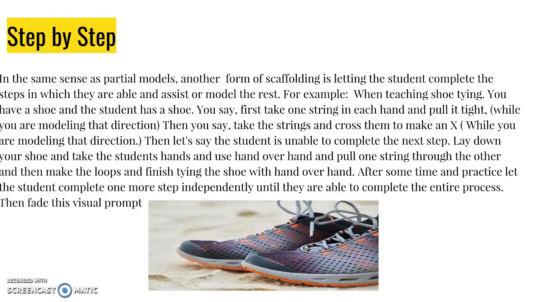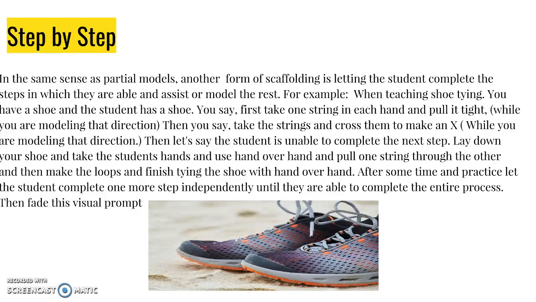Let's say the student is unable to complete the next step. Lay down your shoe and take the student's hands and use the hand over hand method and pull one string through the other and then make the loops and finish tying the shoe with the hand over hand.